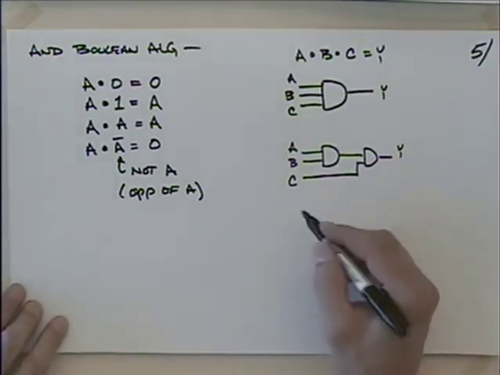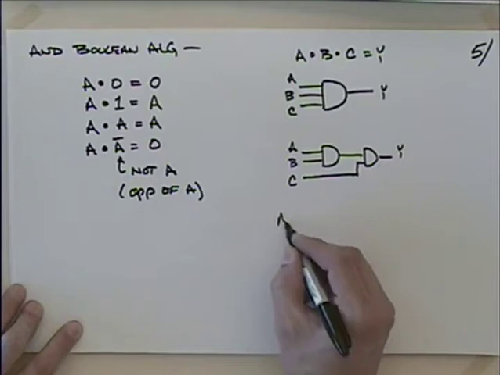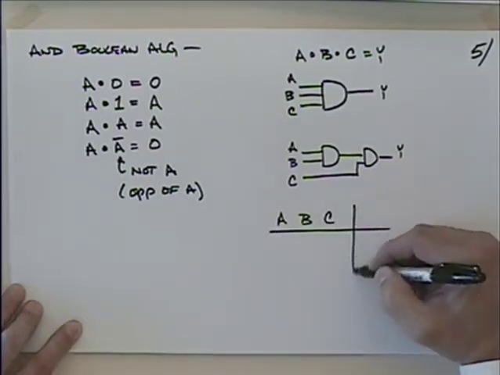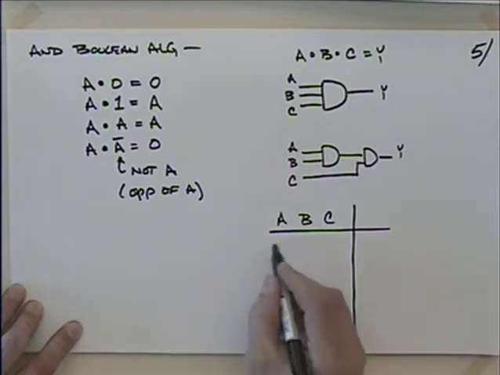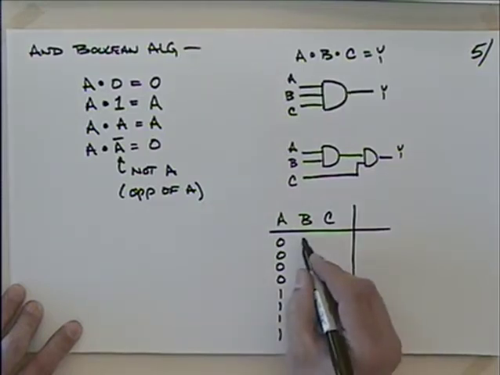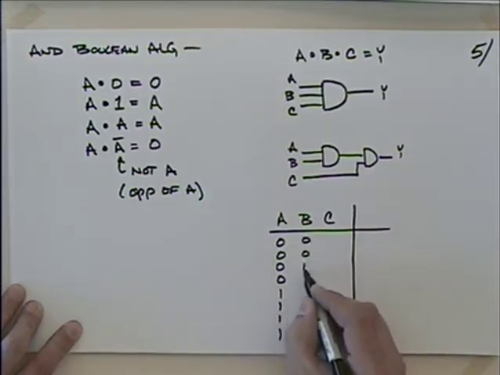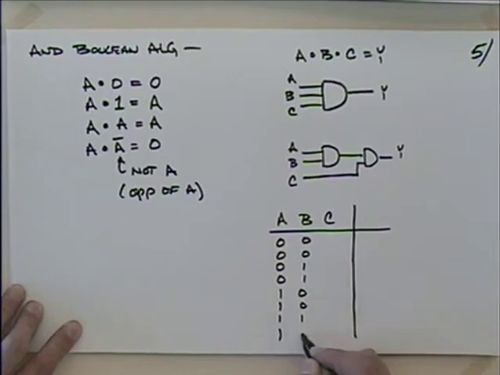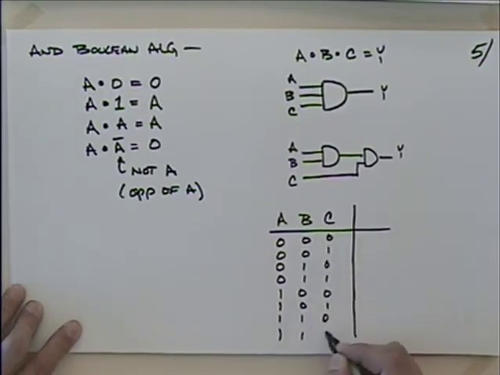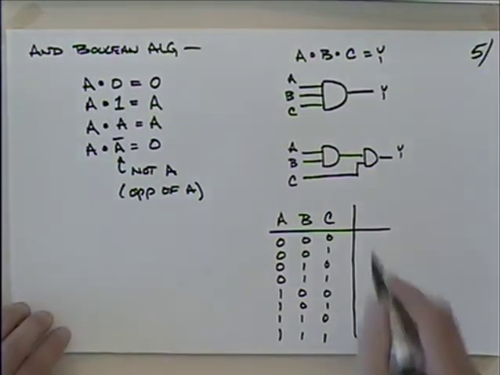What would the truth table on either one of these be? It'd be kind of long, wouldn't it? I guess I can get through this. So let's see, 0, 0, 0, 0, 1, 1, 1, 1, and 0, 0, 1, 1, 0, 0, 1, 1, 0, 1, 0, 1, 0, 1, 0, 1. The only way you're going to get an output is what?